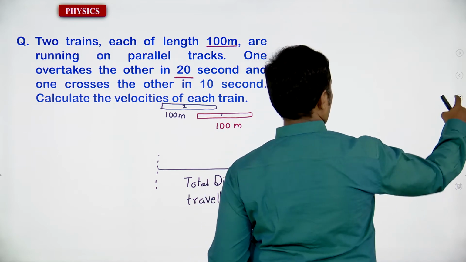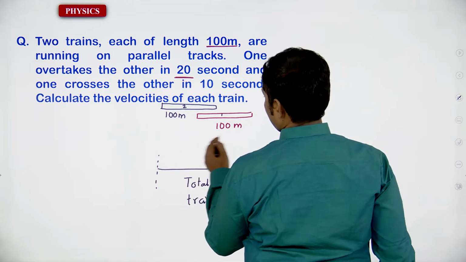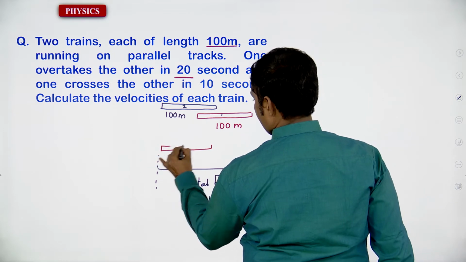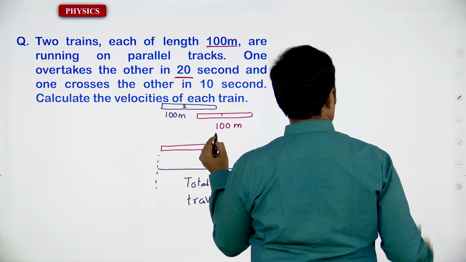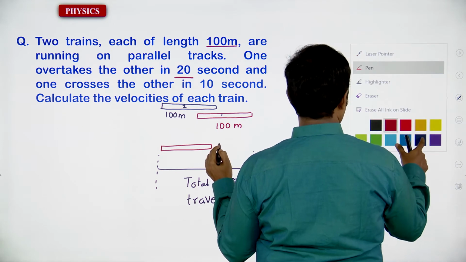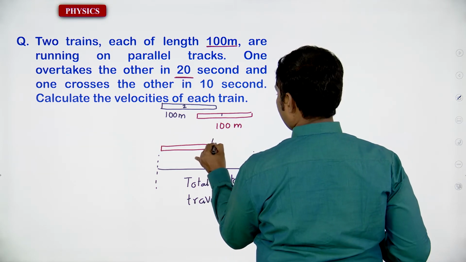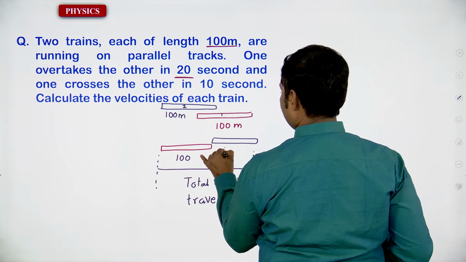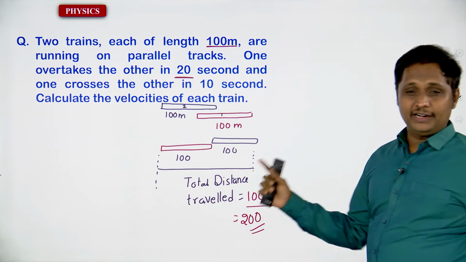The first one is going to cross the second one. From this point, take 100 and 100, and you will get the total distance. It's very clear.